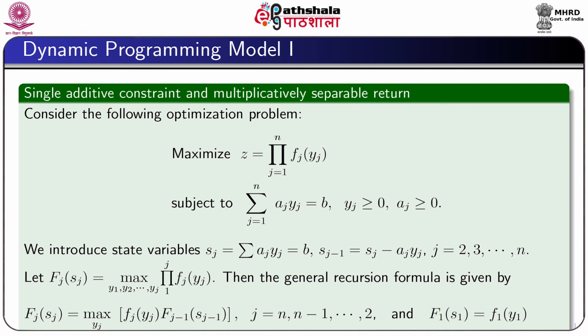Then the general recursive formula becomes capital Fj(sj) equal to maximum fj(yj) into capital Fj minus 1(sj minus 1) for j equal to n minus 1 up to 2, and also F1(s1) equal to f1(y1).